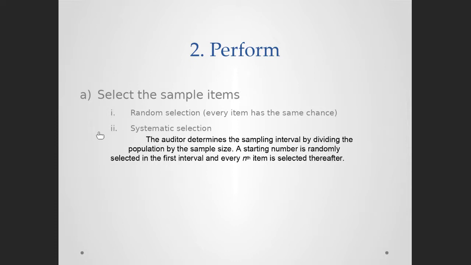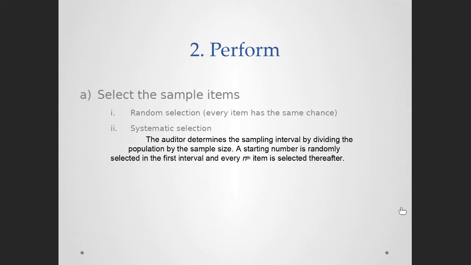Now, let's say your population is 1000 and your sample size is 50, right? Your sampling interval is going to be 20.